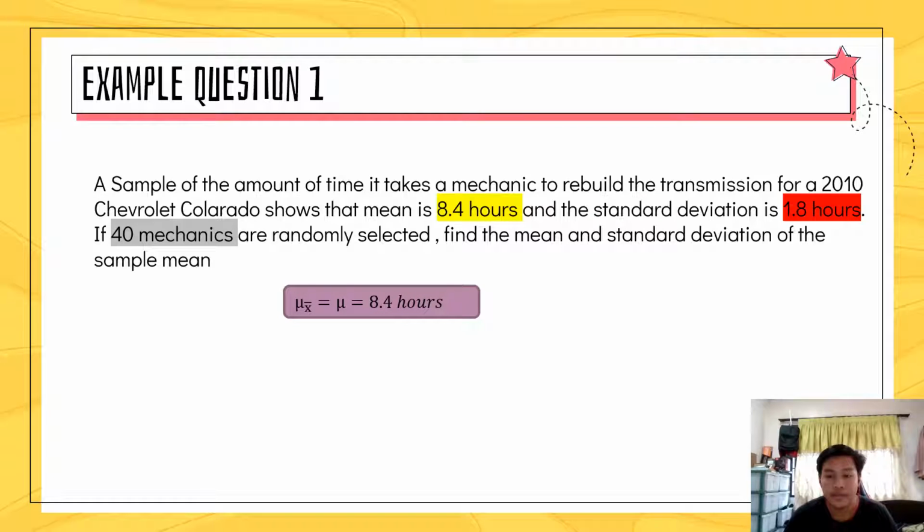So after implementing this data and using this formula, the mean of the sample mean of this question is 8.4 hours.